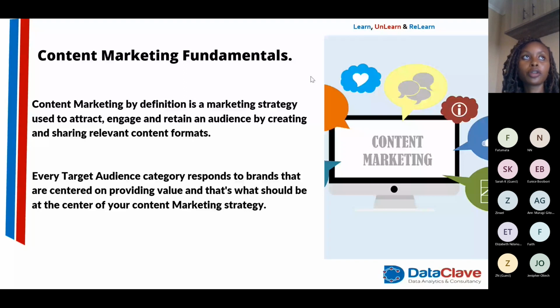When you're doing your strategy, you must always keep in mind the fundamentals. That is, you're there to entertain with your content, to persuade, to inspire, and to educate. And from all these four, promotion comes in.